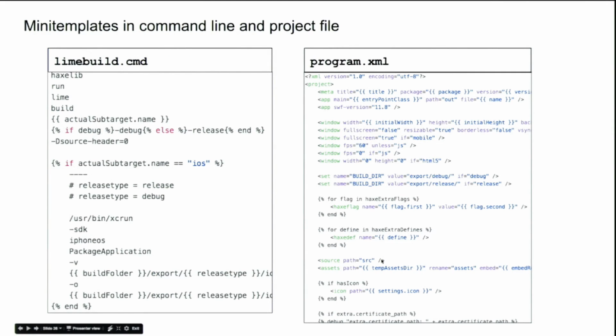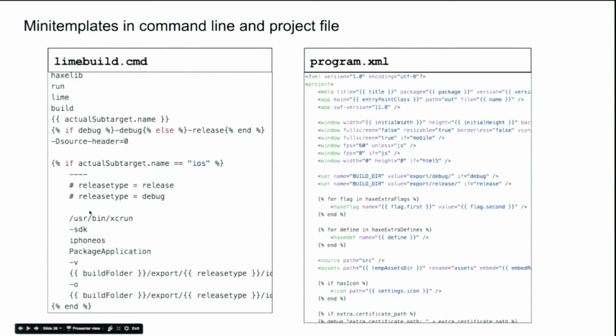So in those files that you include, you can use mini templates. So in this case, I'm calling Lime, and I'm referencing the subtarget. I'm detecting whether it is a release or debug build.